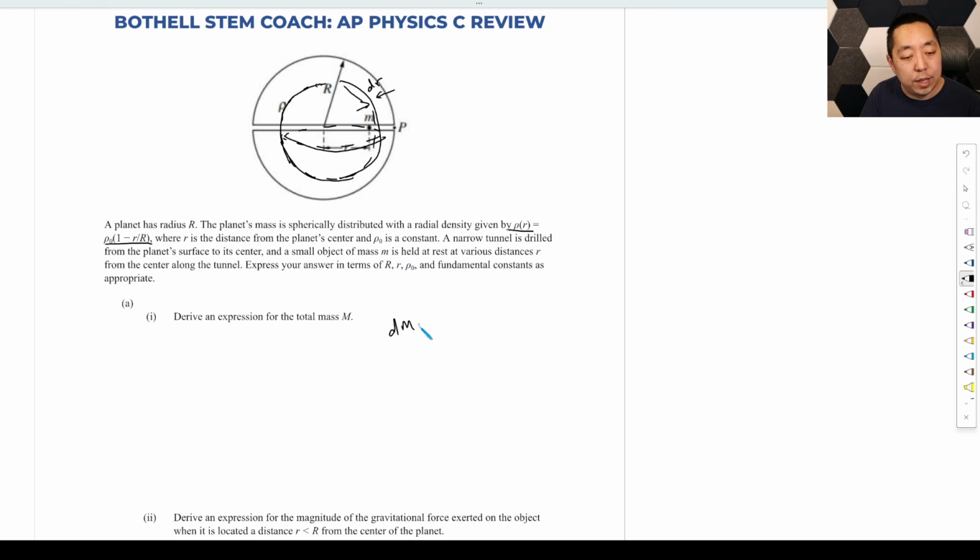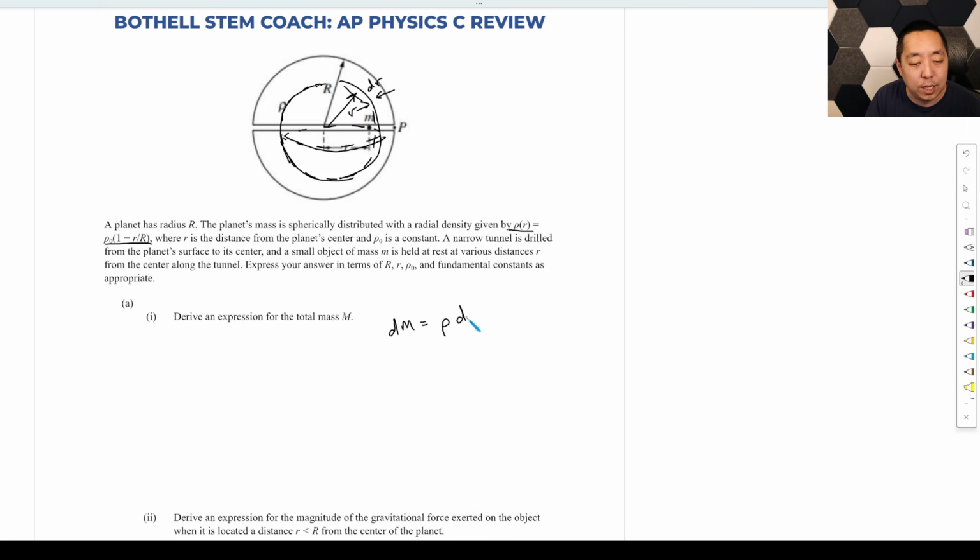That little dm of that mass of one of those shells. The reason I pick a thin shell is because every piece of that shell is now the same distance r away. So the density is uniform across that shell. If I make a spherical hollow shell, very thin, because it's so thin that the radius doesn't vary, the density is pretty uniform.